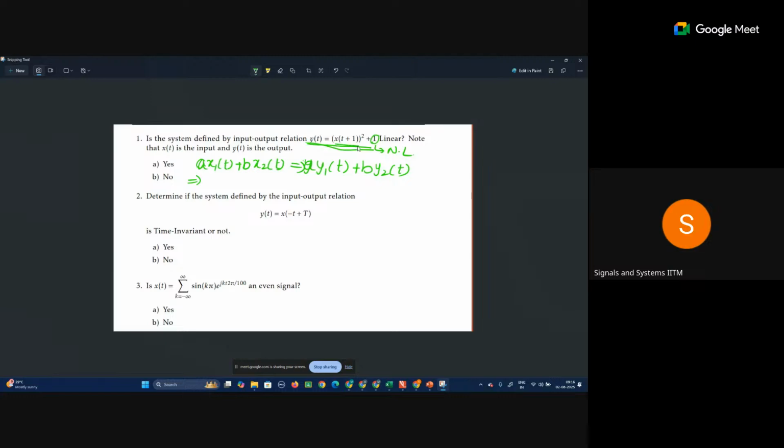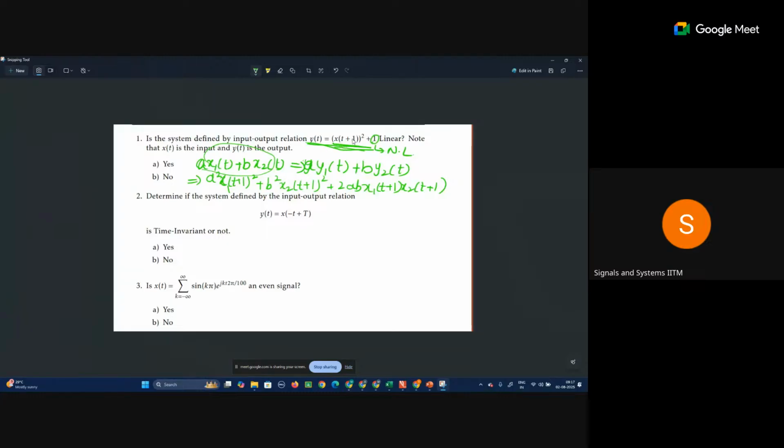So in this case, if we give this to the system, it will be a square times x1 of t plus 1 whole square plus b square times x2 of t plus 1 whole square plus 2ab times x1 of t plus 1 into x2 of t plus 1.